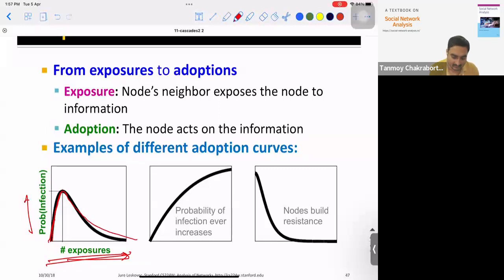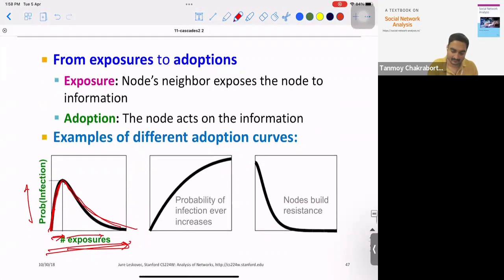What does it mean? It means that with little exposure, it will infect significantly, and then as the exposure grows, it will decay. You can think of it as a kind of super spreader virus. So you see that if at least one of your neighbors is infected, you will also get infected.